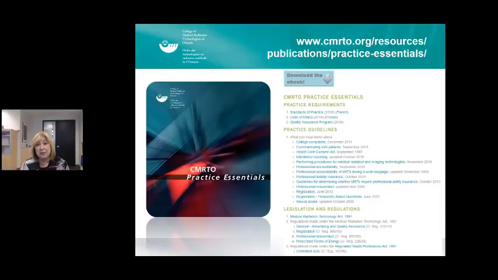So this ebook now replaces the old print version of the binder because, of course, at the beginning of 2018, CMRTO went totally electronic. So you have the ebook available. Everything is there if you wanted to refer to it. All these documents are also available on our website and other locations, but this is like a giant PDF that has everything together in the one location.